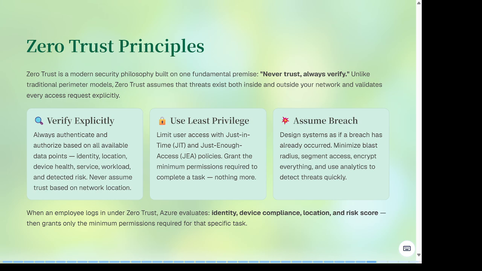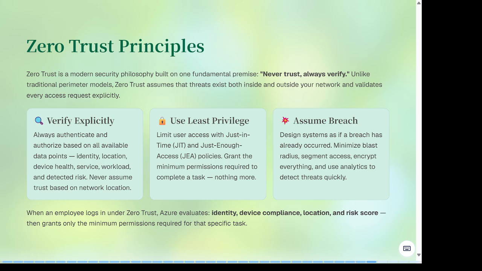In zero trust, does Azure grant full access after a successful login? No, access is continuously evaluated and limited to minimum required permissions. So here you have to remember: verify explicitly, check identity, device, location, risk.